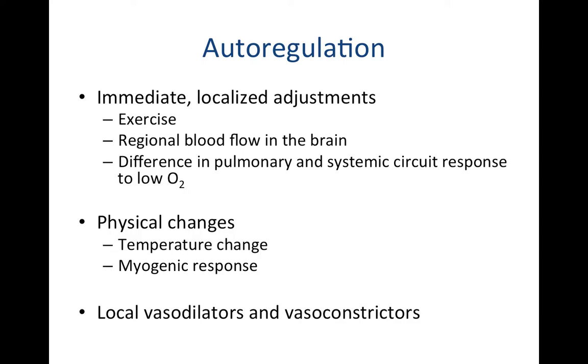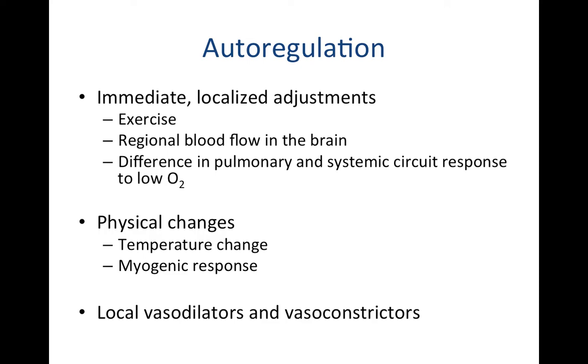If you have temperature changes, you may notice if you're playing outside or exercising and you get really hot, you look really flushed perhaps, and that is because the vessels in your extremities are dilating in order to let that heat out of your body. Compared to when it's cold, your extremities may feel cold as well because you're saving that blood and that warmth for your core and your organs that need it.